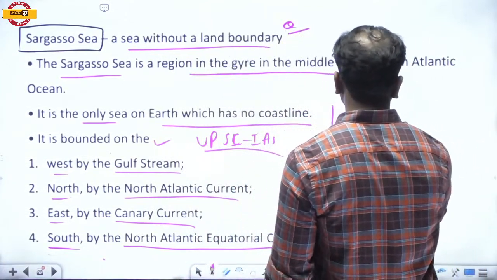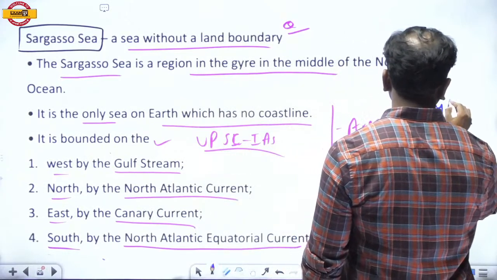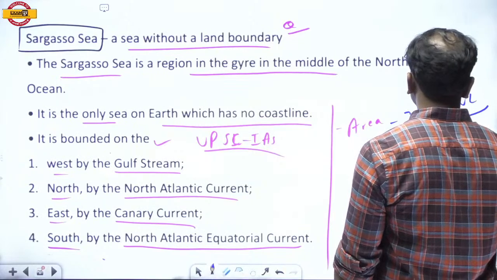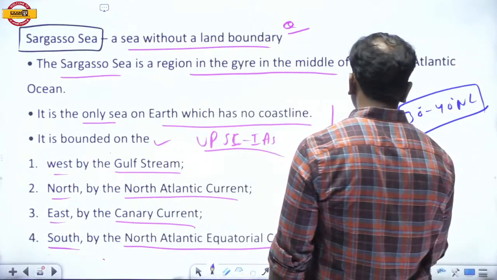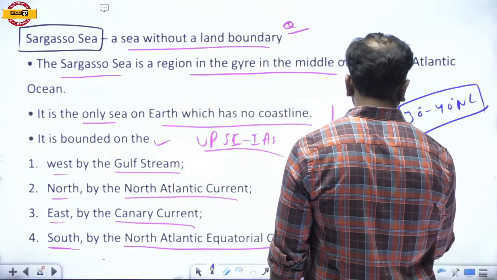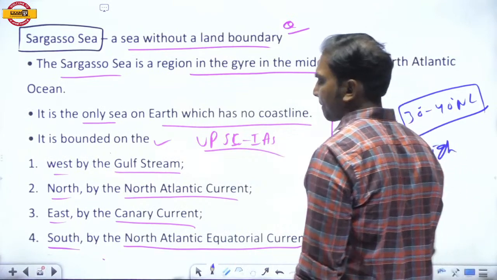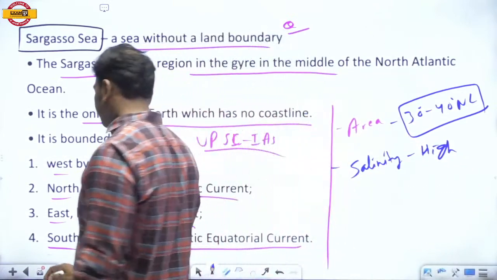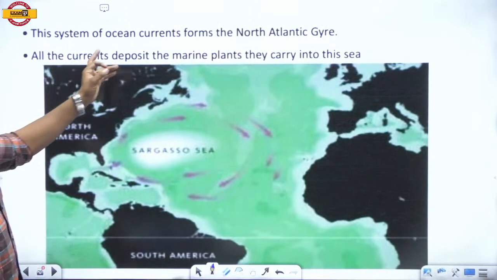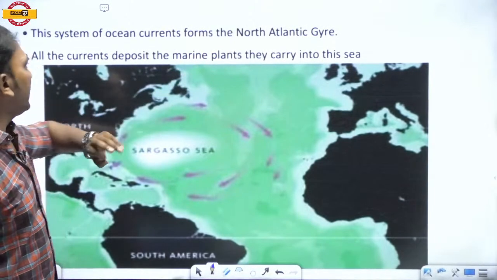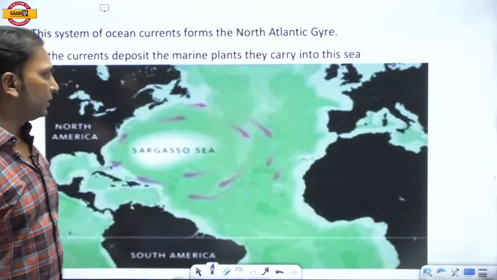The area is 30 to 40 degree north latitude. Salinity is high in this region. And the seaweeds: in this region, the system of ocean currents from the North Atlantic Gyre, all the currents deposit the marine plants they carry into this sea.